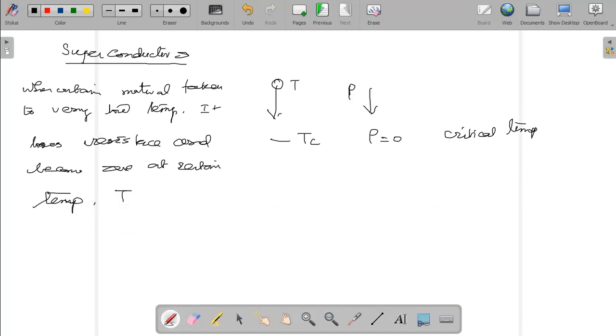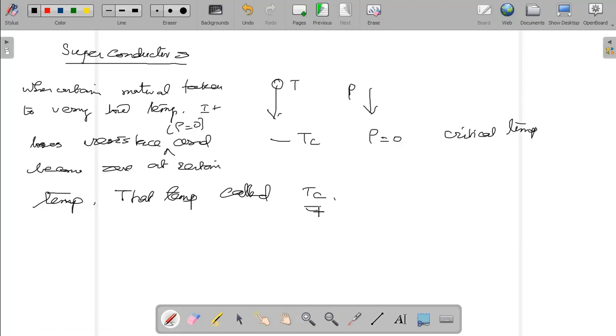That temperature is called critical temperature. When certain material is taken to very low temperature, it loses its resistance, or resistivity becomes zero. And that low temperature is called critical temperature.